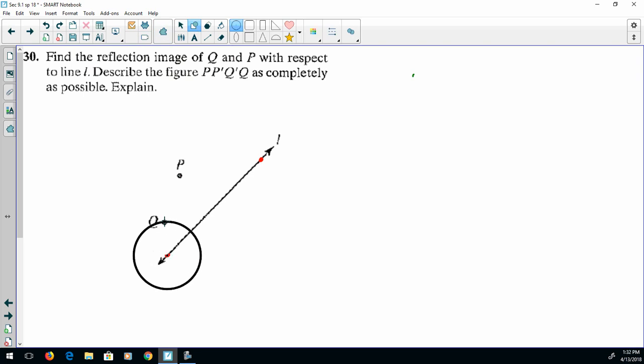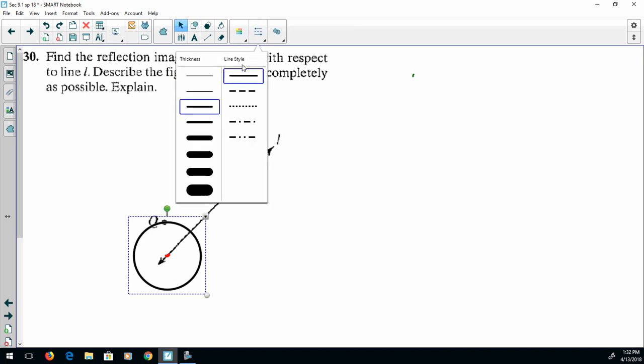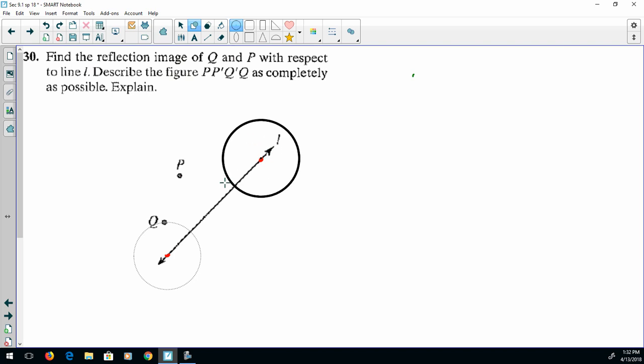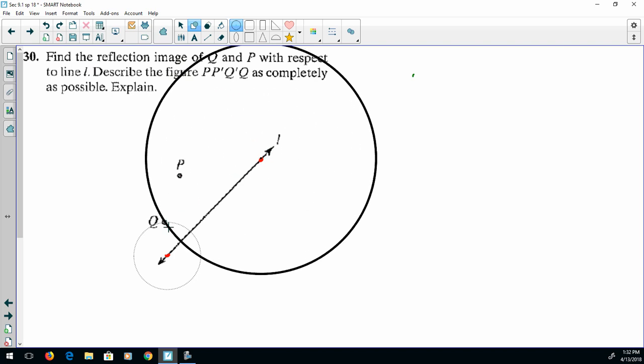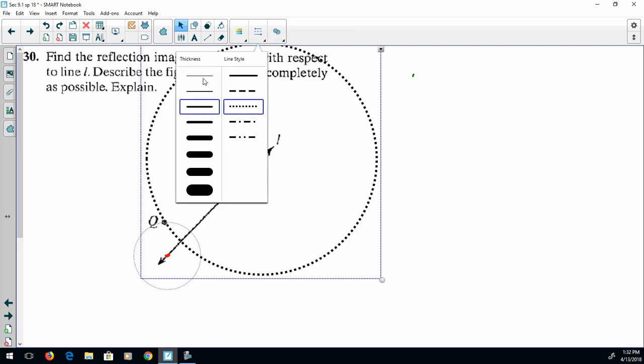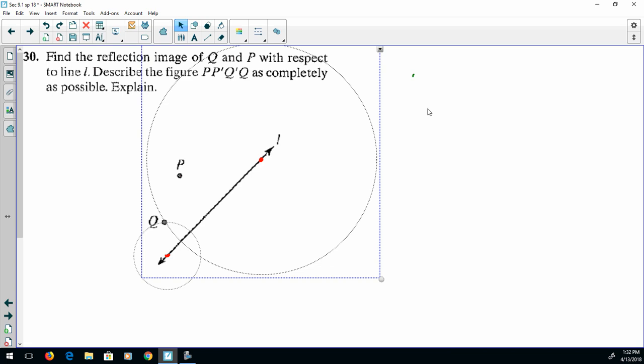Now, take the circle that's centered at the other point on L that passes through Q as well. And there's no sense using such a thick marker when you draw circles. Where these two circles intersect is the reflection point of Q.